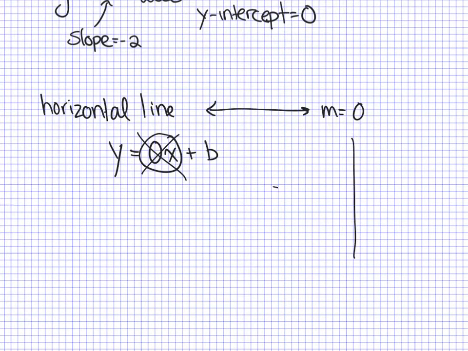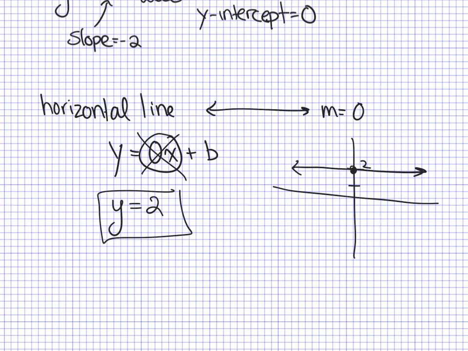So if we wanted to graph a horizontal line, say we graphed it here and its y-intercept is 2, then our horizontal line would look like y equals 2. There would be no x term because our slope is 0, so that would be gone.